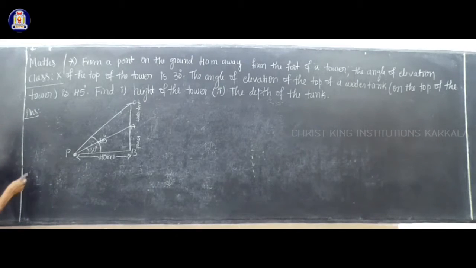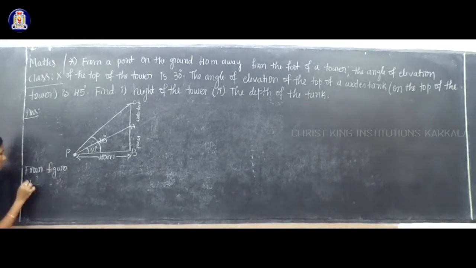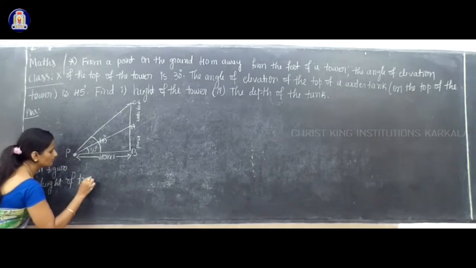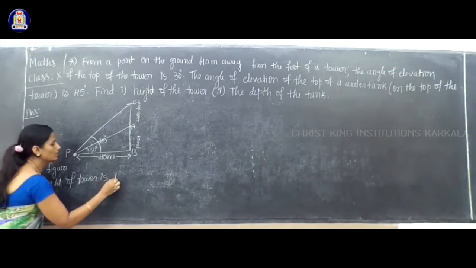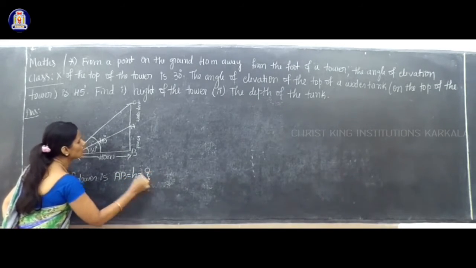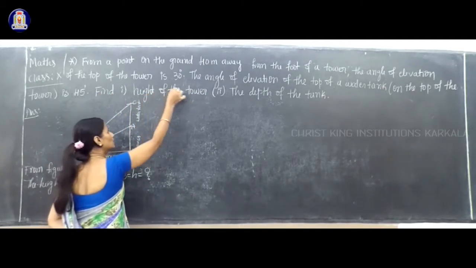So now we write from the figure. The height of the tower is AB, which is equal to H, that is the question mark. Find the height of the tower.